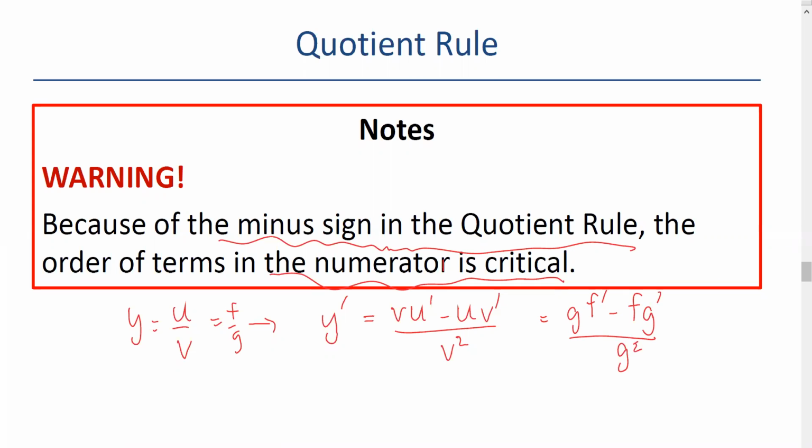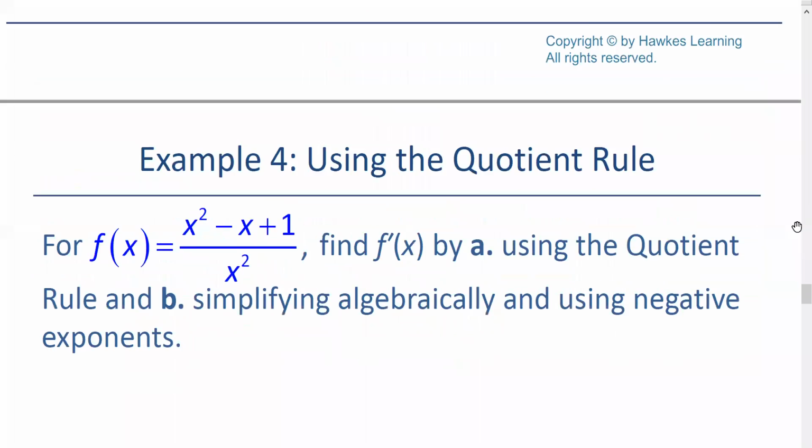In this case, the minus sign in the numerator is critical because, as you recall, a minus b is not the same as b minus a. So the order is very important.